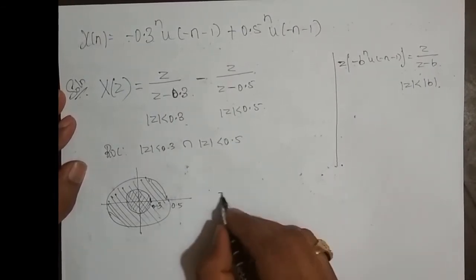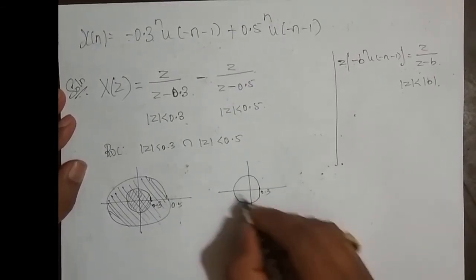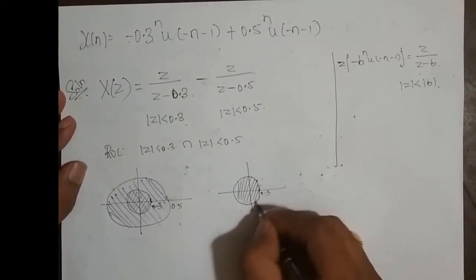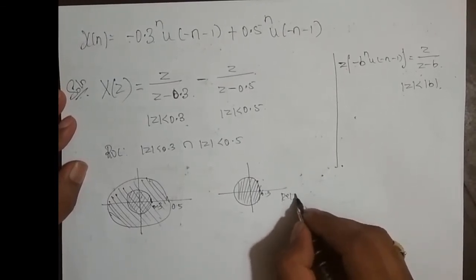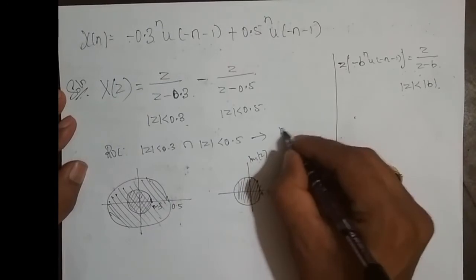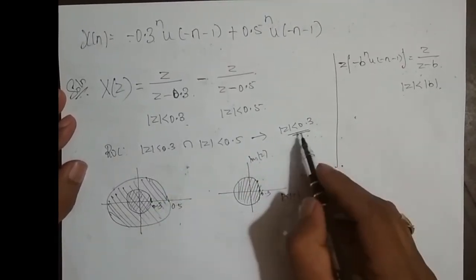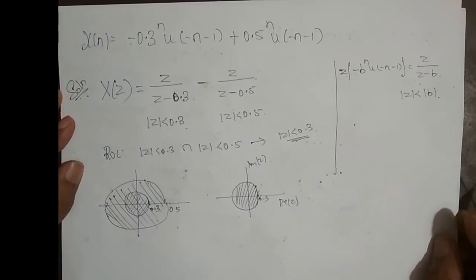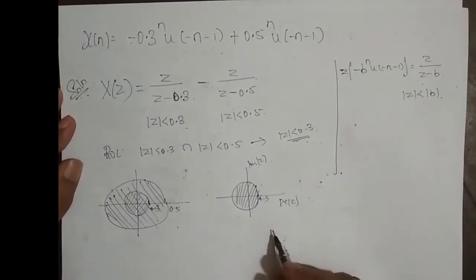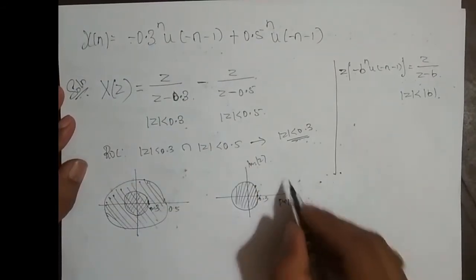So it is inside the innermost circle. Therefore, the combined ROC is actually less than, this is the real part of z, this is the imaginary part of z. So the combined ROC is magnitude of z less than 0.3. Instead of writing like this, I can write like this. Okay. This is the ROC. And again, it's better we simplify this.